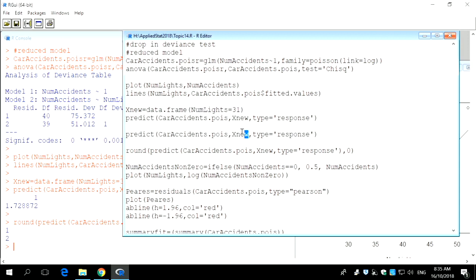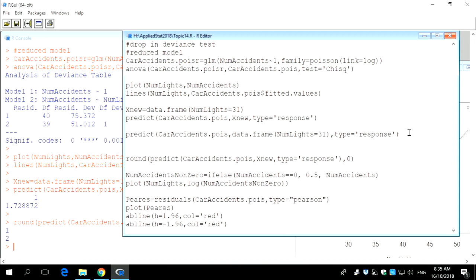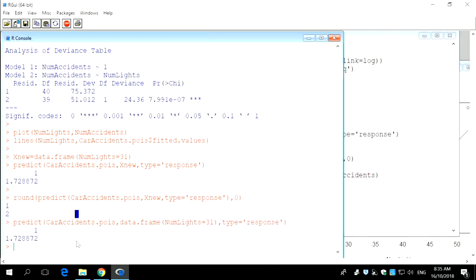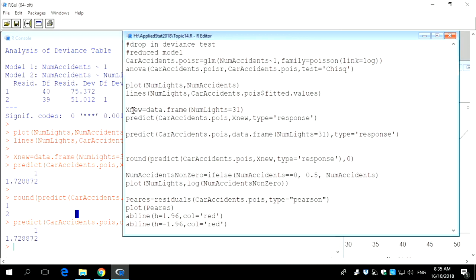If you put data.frame here and then run R, you can see that you obtain exactly the same thing. So if you do not want to, you can put this whole data.frame function into the predict function. Do I answer the first question?